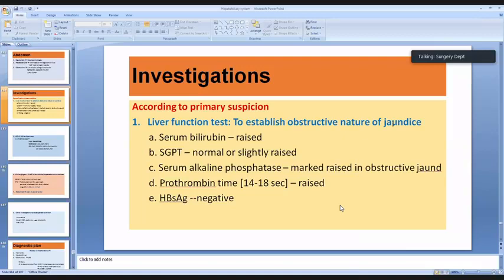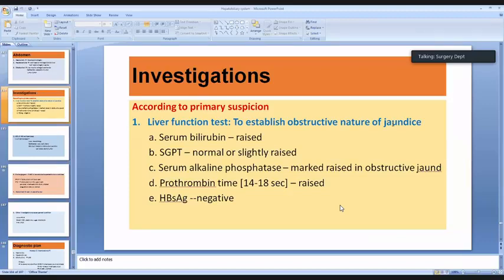Otherwise, all other parameters are usually close to normal or within normal. In hepatocellular jaundice, bilirubin will be raised and the intracellular enzymes SGOT, SGPT will be markedly raised, but serum alkaline phosphatase will be mildly raised. HBsAg may be positive.